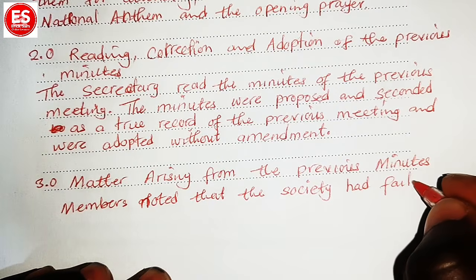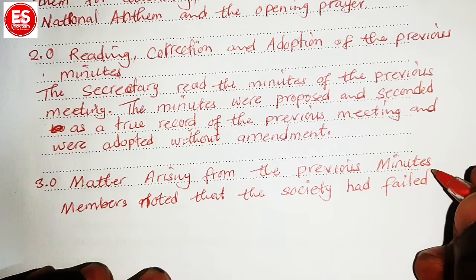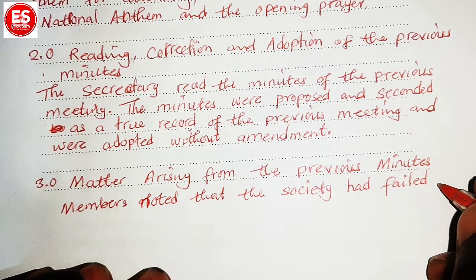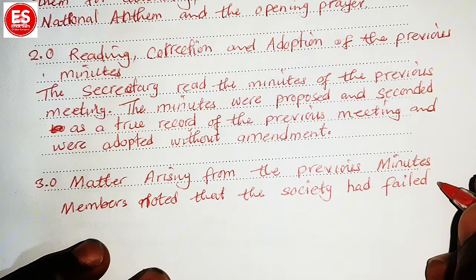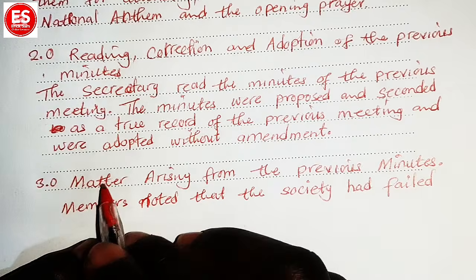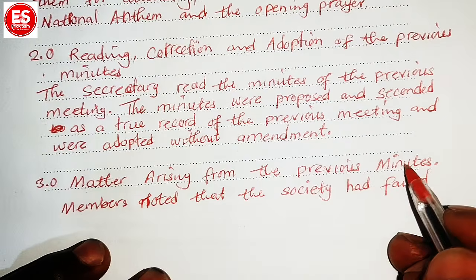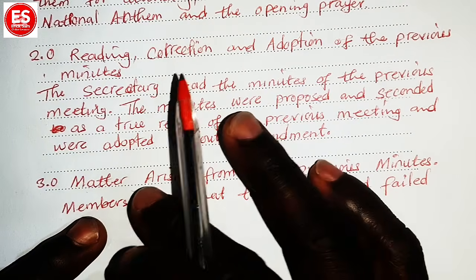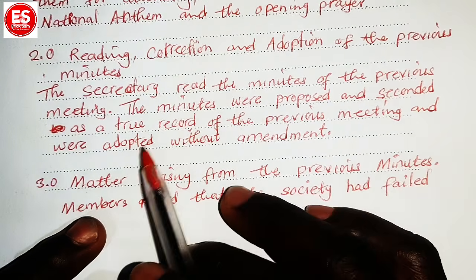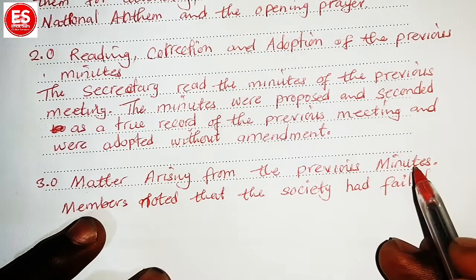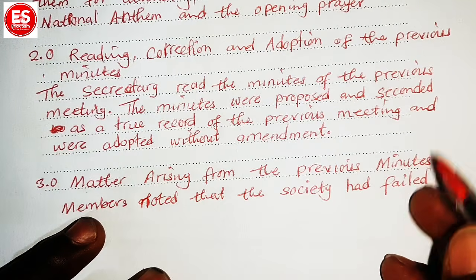Okay, you can replace those, had failed. So you can underline these sub headings. You can underline them if you want, but if you don't want, you can just separate them, or you can use different colors to show that these are headings.